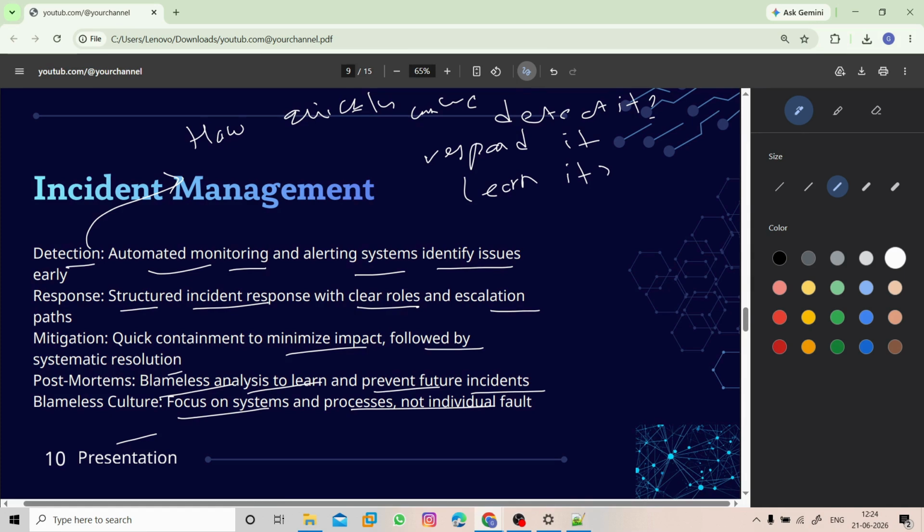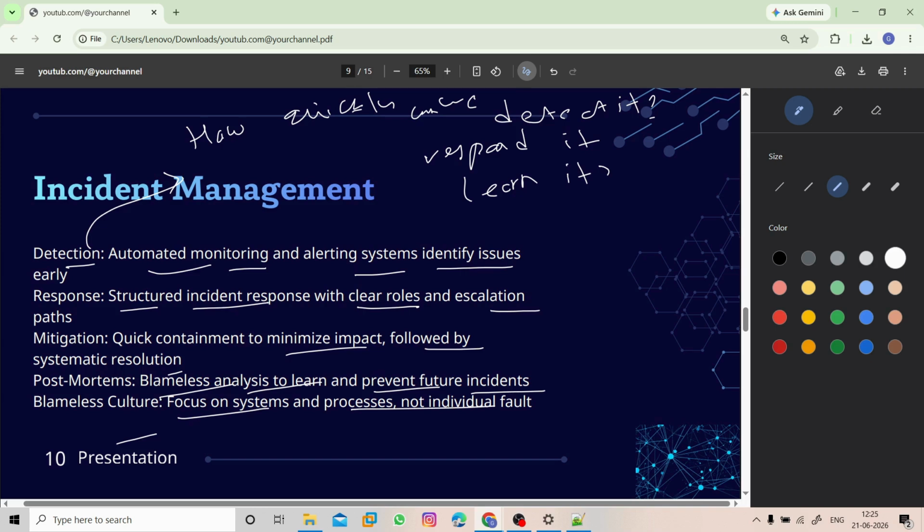That is detection. After the alert, it will create incidents in something like ServiceNow. That is the response, the structured incident response. We can see the description of that incident, the escalation paths and all those things.